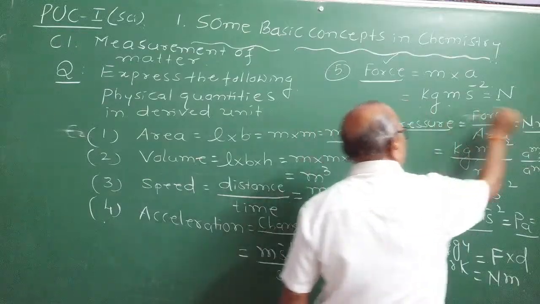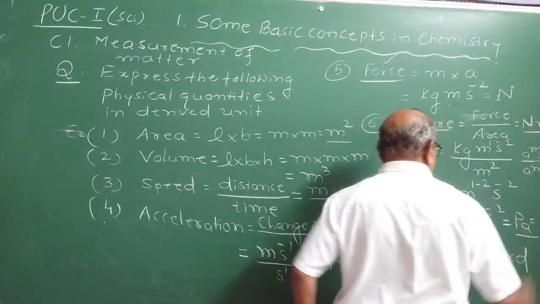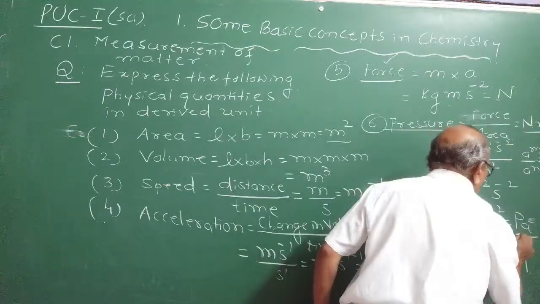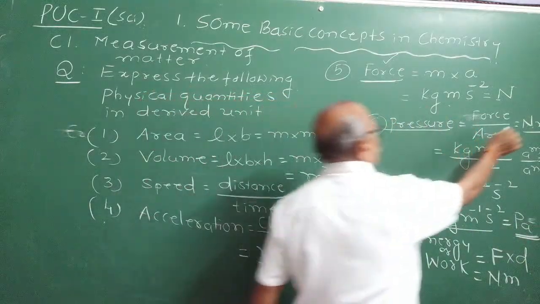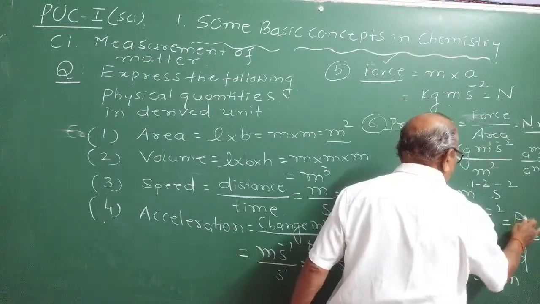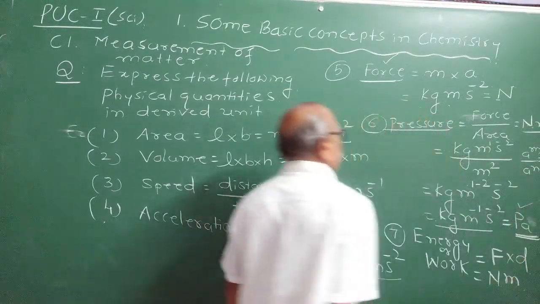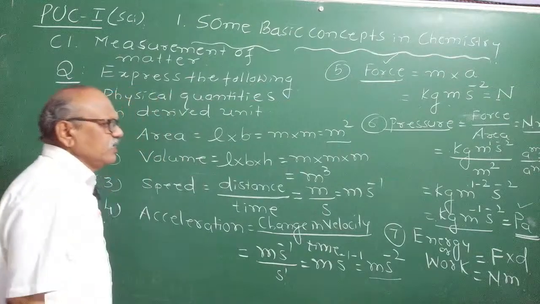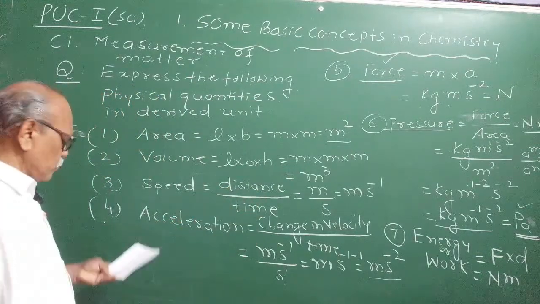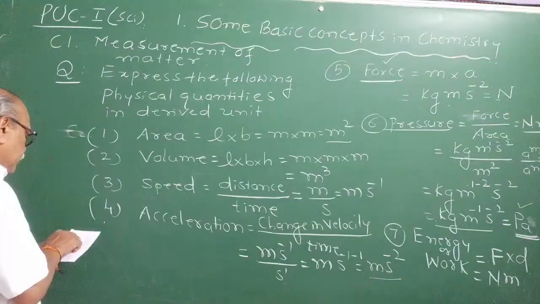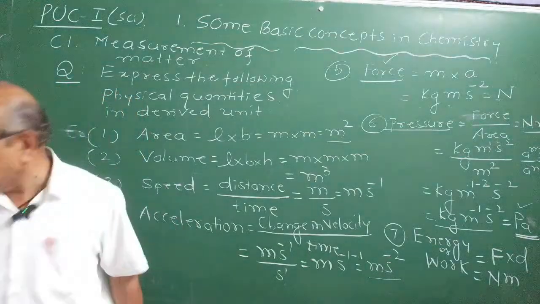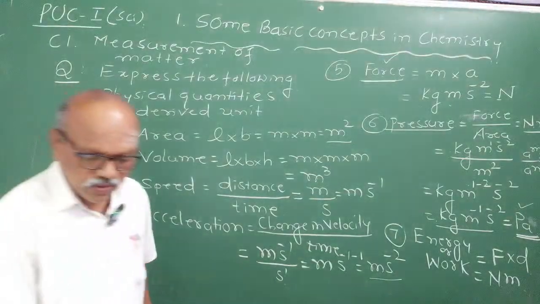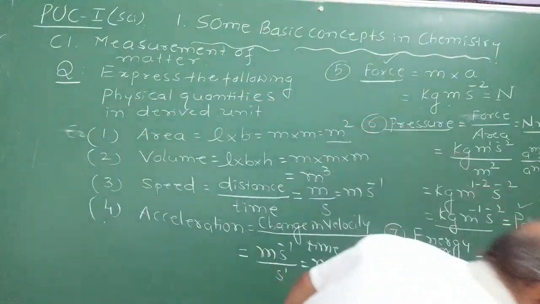The same pressure unit, SI is called Pascal. Earlier we used to write it as Newton per meter square, right? So the Pascal unit is used. So these are all called as derived units, already we studied. Okay, already we studied.